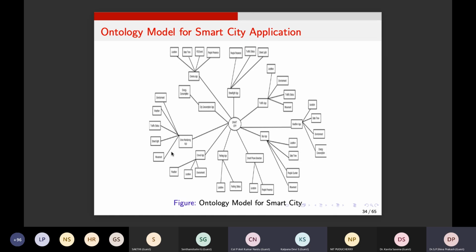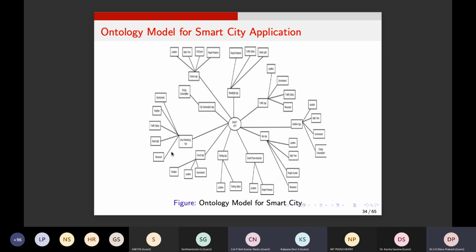Under social IoT, you have a set of applications connected to a smart city, like street light app, traffic app, bus app, smartphone detection app, parking app, crowd app, drive monitoring app, city consumption app.